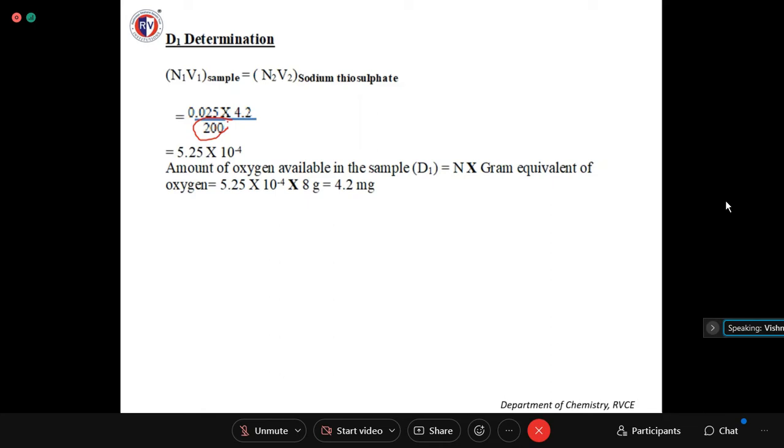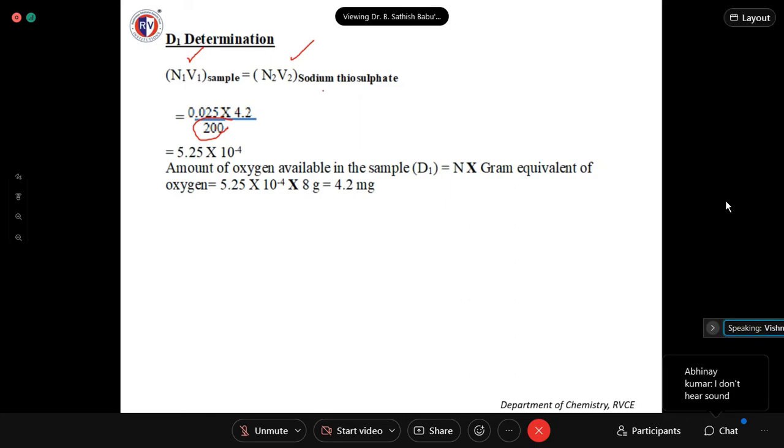Remember that. Then coming back to the calculation part. You see, N into V of burette solution should be equal to N into V of conical flask. Correct? Simple. What is in the burette? Standard sodium thiosulfate. What is standard sodium thiosulfate? Standard means whose strength is known to you.